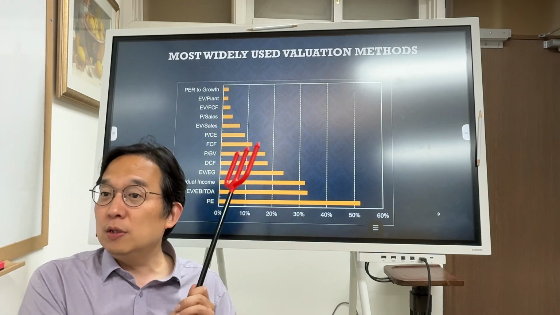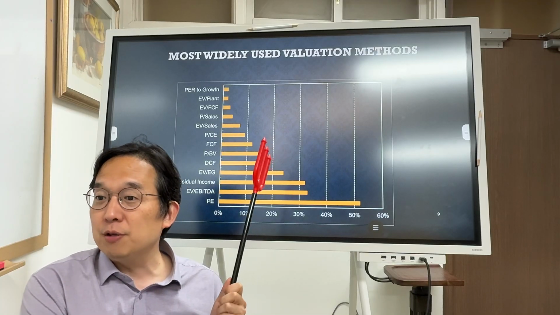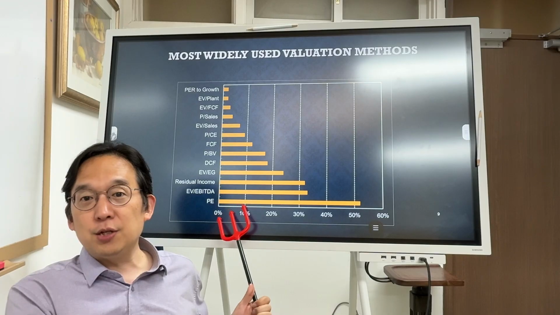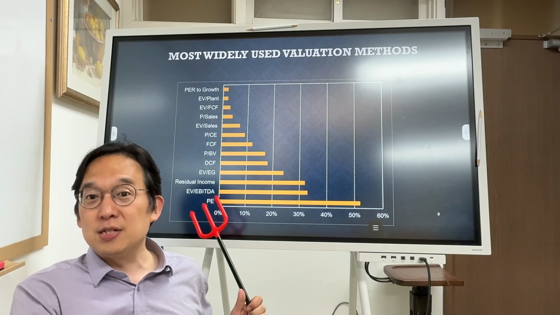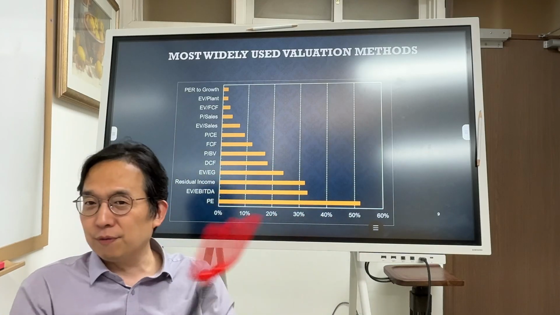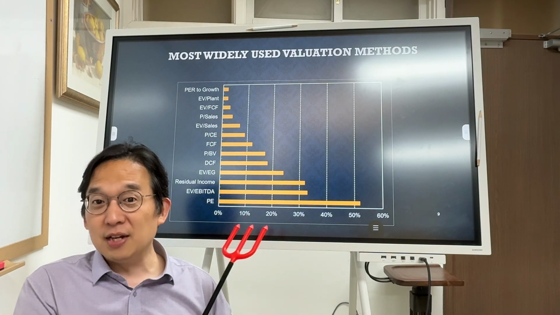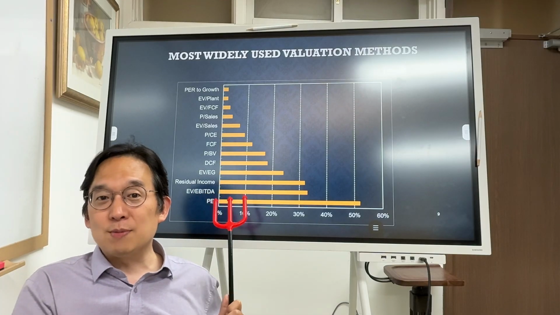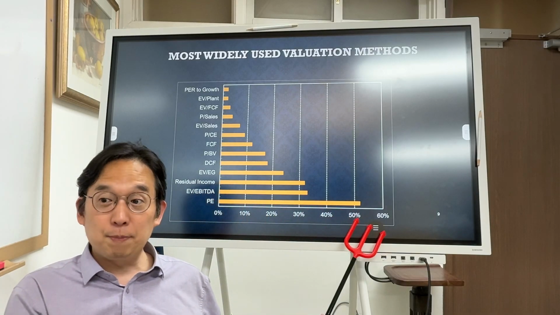Now, the most widely used valuation methods are here, okay? PE ratio, by far, is the most popularly used, and it has a long history, ever since it was created, the mother of all relative valuation, okay? That's the most popularly used multiple.